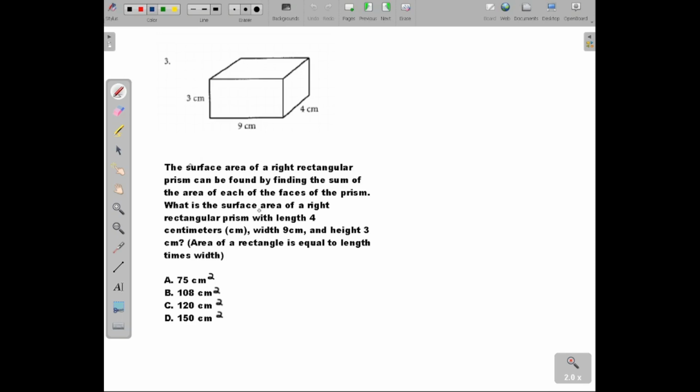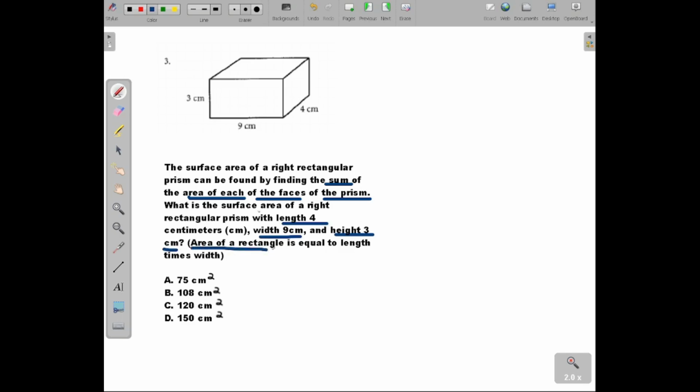Number 3. The surface area of a right rectangular prism can be found by finding the sum of the area of each of the faces of the prism. What is the surface area of a right rectangular prism with length 4 centimeters, width 9 centimeters, and height 3 centimeters?